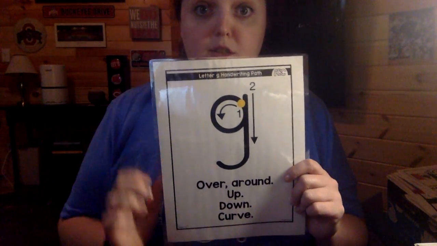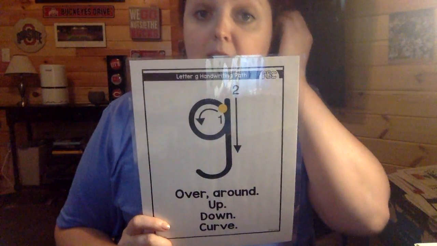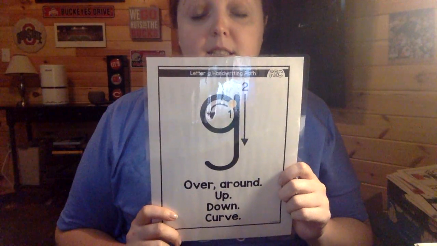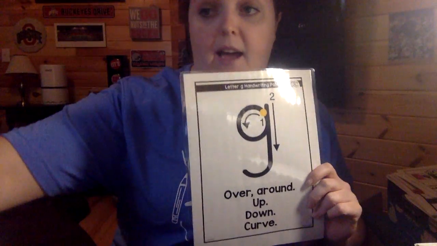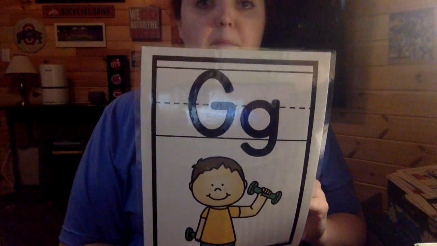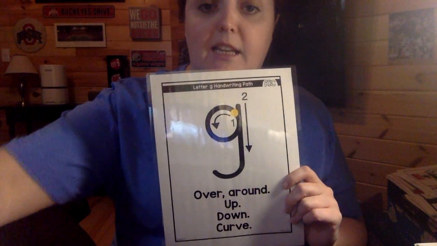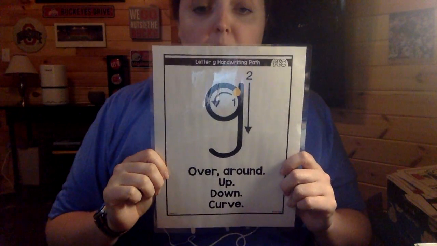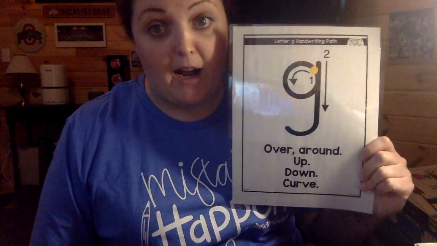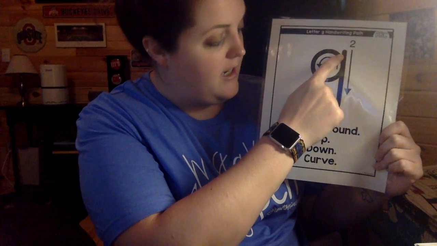So like I said, we are going to talk about lowercase g today. So lowercase g is not the same as our uppercase g. It's not a smaller and bigger version. We make them completely different. So our little poem to help us remember how to make our lowercase g is we're going to start here.